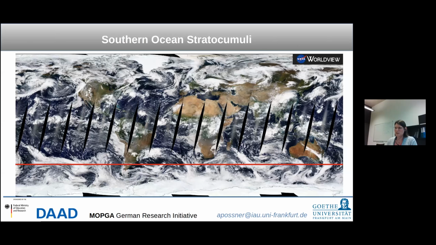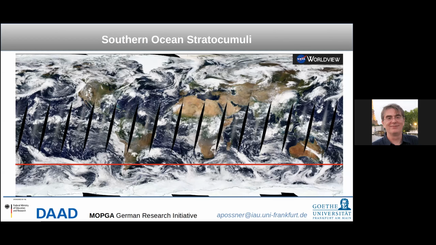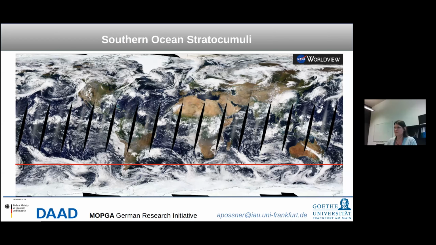And stratocumuli, which are these cloud decks that span a lot of the ocean surface, are very prominent in that regard. So we have these traditional stratocumulus decks, which I'm highlighting here with my mouse, one at the west coast of South America. We also have one at the west coast of Africa, and you can see here some biomass and dust emissions and slightly brown colors on top of that white deck of clouds.